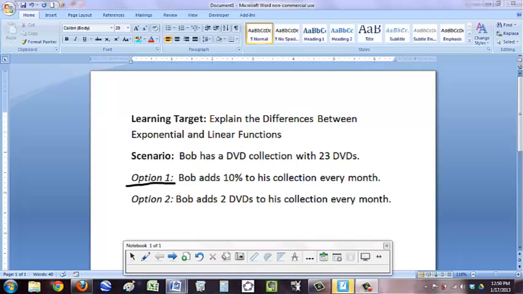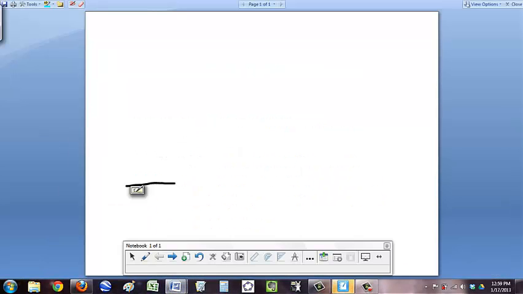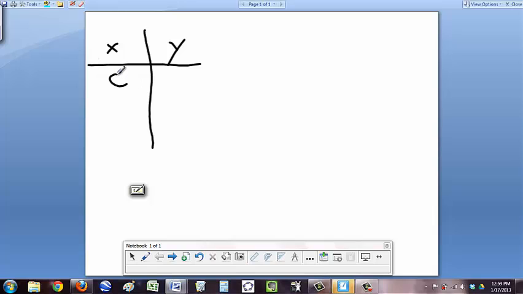Okay, so if we want to take a look at how that works, we can first make ourselves a little chart. If we say that the X value is the number of months it's been, and the Y value is the number of DVDs he has, well then after 0 months he's got 23 DVDs. That's how much he started with, right? Then after 1 month, how many DVDs does he have?